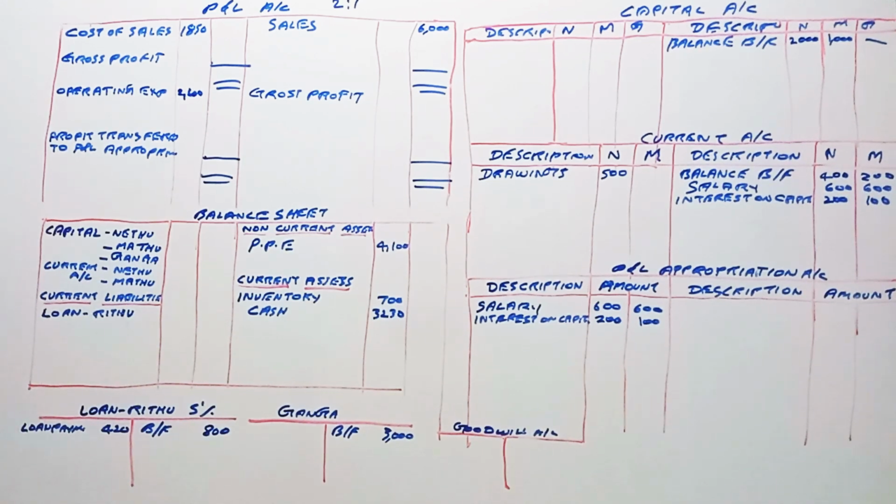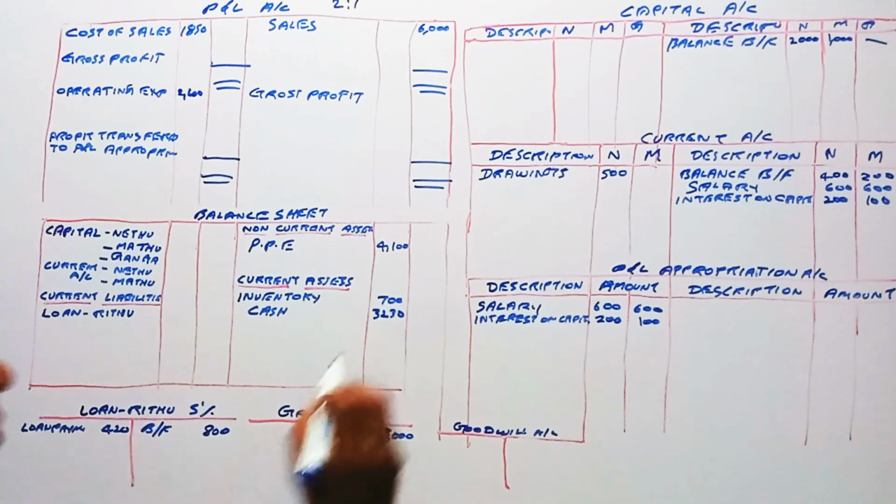Here in the additional information, inventory as at 31st March 2020 was measured based on the physical count. The goods drawn by Nitu and Madhu during the year were 60,000 and 40,000 respectively. These have not been accounted for in the books.